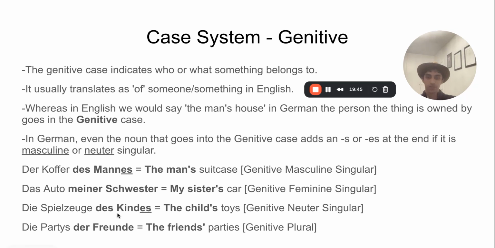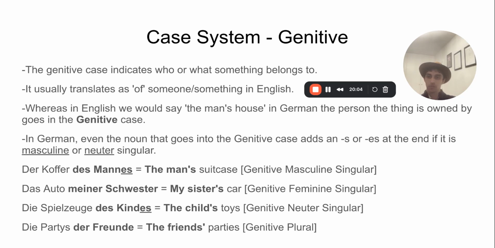And likewise with a neuter singular noun, normally it would be Kind, the normal noun, K-I-N-D. Here they've added es again for the same reason, to fit with this rule, because it's a neuter singular noun, you have to add an s or es to the end of the noun if it's in the genitive case.